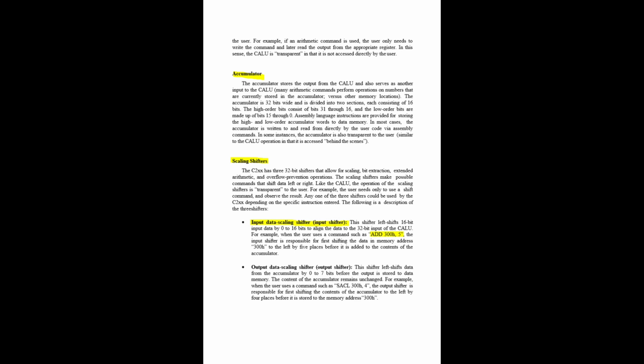The meaning of this program line is that 300 is nothing but the memory address. In that address, one content will be there. That content will be added with the accumulator content. But the input shifter is responsible for first shifting the data in the memory address.